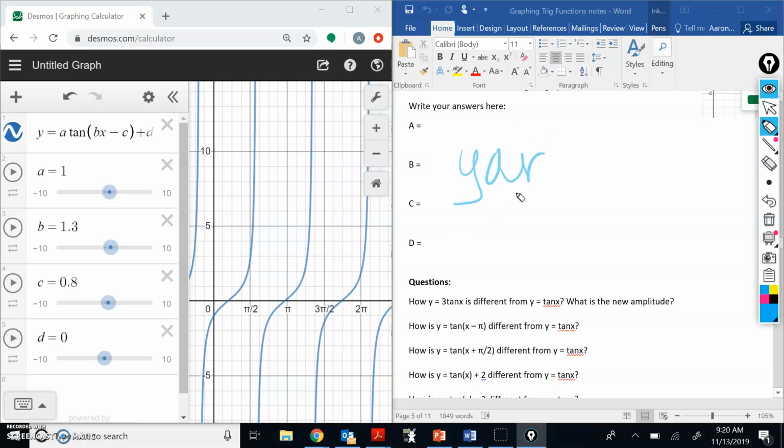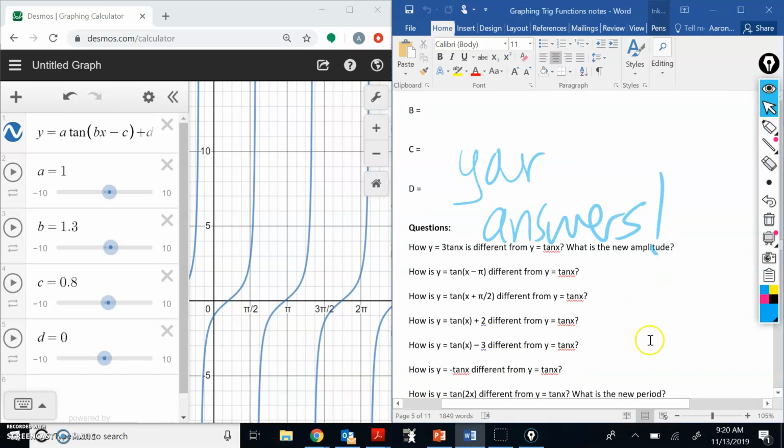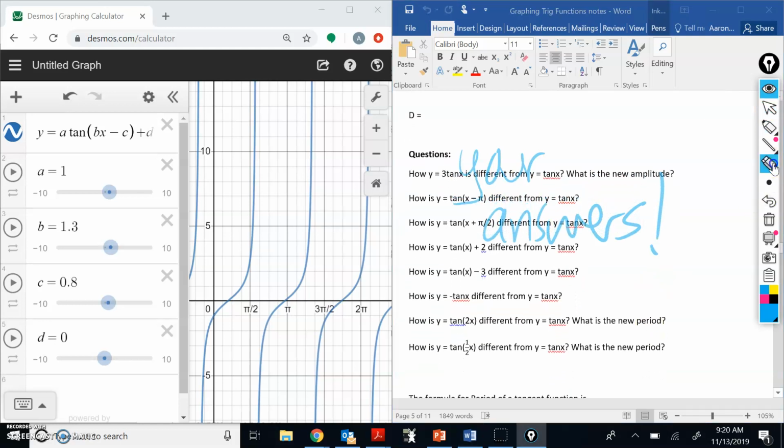So your answers at the bottom here. So tell me how all of these are different than the regular tan graph. For example, with a 3 in front, the amplitude is now going to be 3. And it's like a more narrow slope. That's what it looks like.